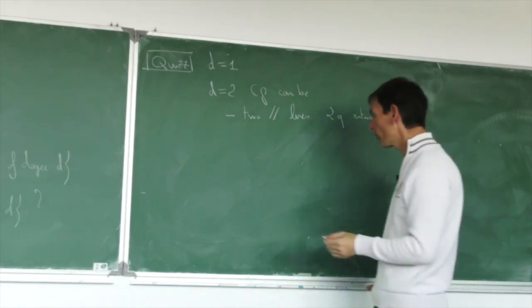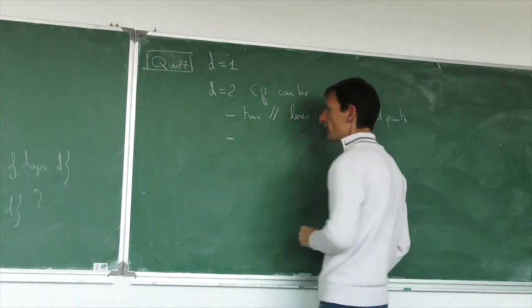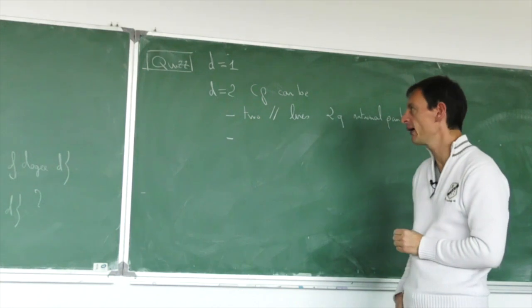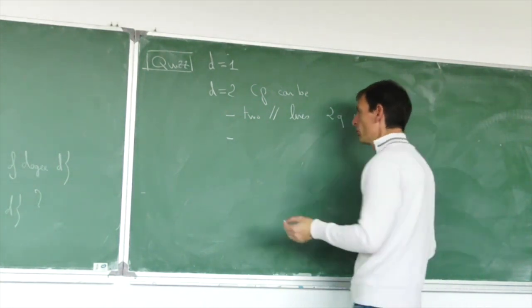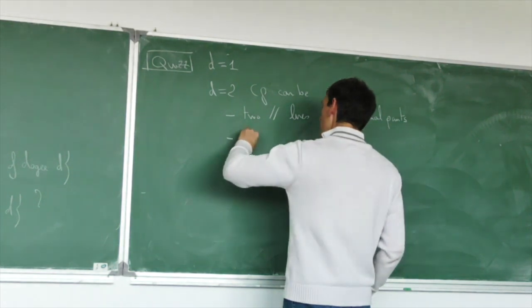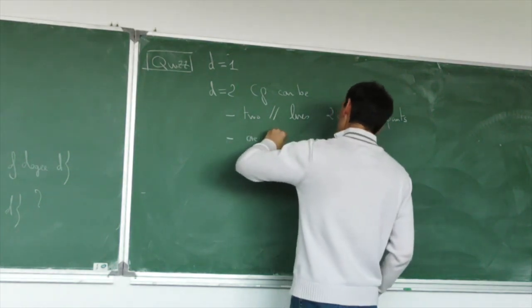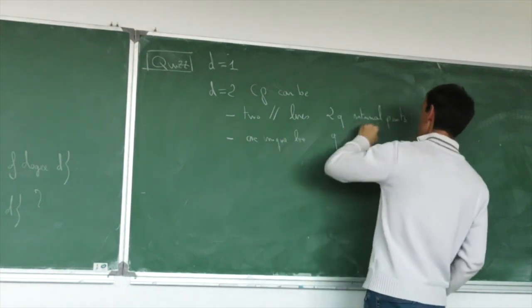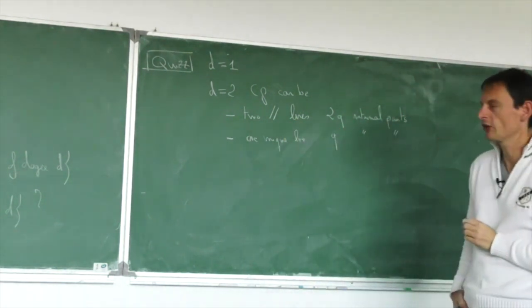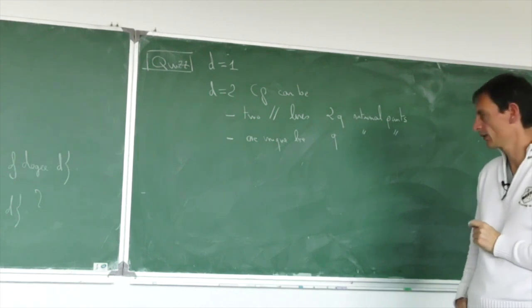Another possibility is that your polynomial f is the square of a degree 1 polynomial. In that case, what you have is one unique line. Well, if you have one unique line, you have q rational points. This case is going to be less interesting.